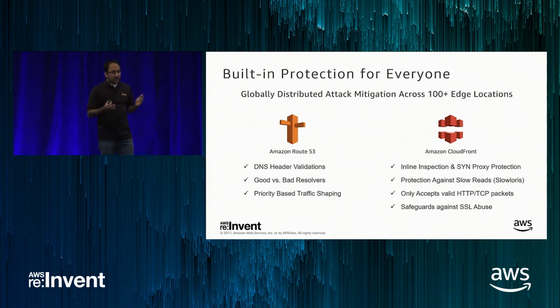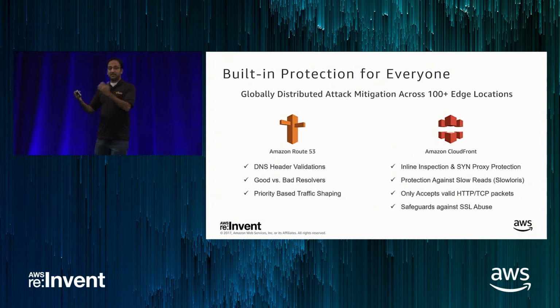In addition, there are built-in protections in Route 53 and CloudFront. For instance, Route 53 automatically validates DNS headers and drops malicious packets. Shield also performs priority-based traffic shaping based on its prior knowledge of known good versus bad resolvers, deprioritizing bad resolvers.